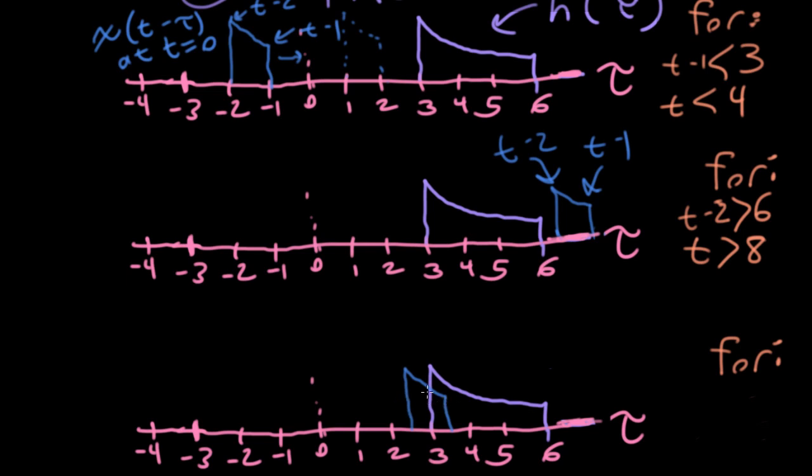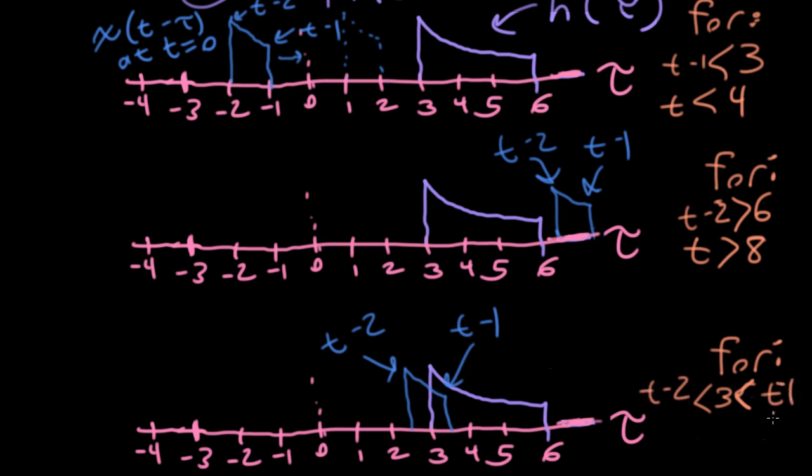Where does partial overlap on the left take place? So we'll say that the left edge of the purple block, which is at 3, is bracketed by the left edge of the blue block, which is at t minus 2, and the right edge, which is at t minus 1. And it can sort of slide back and forth in that range. And so we'll say that 3 is between t minus 2 and t minus 1.